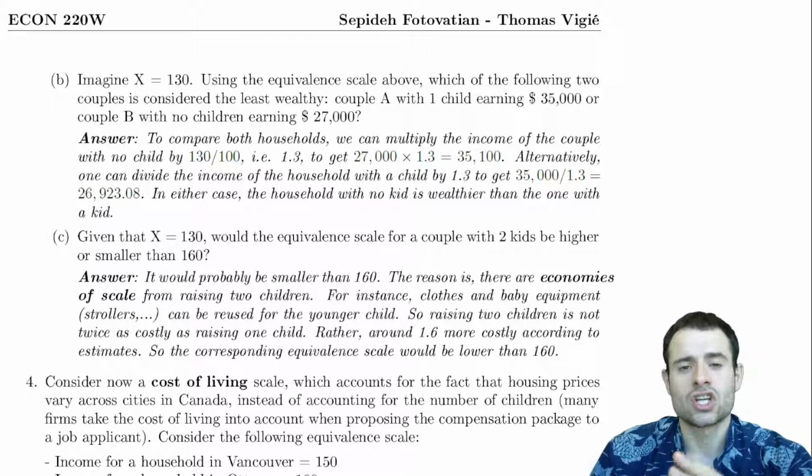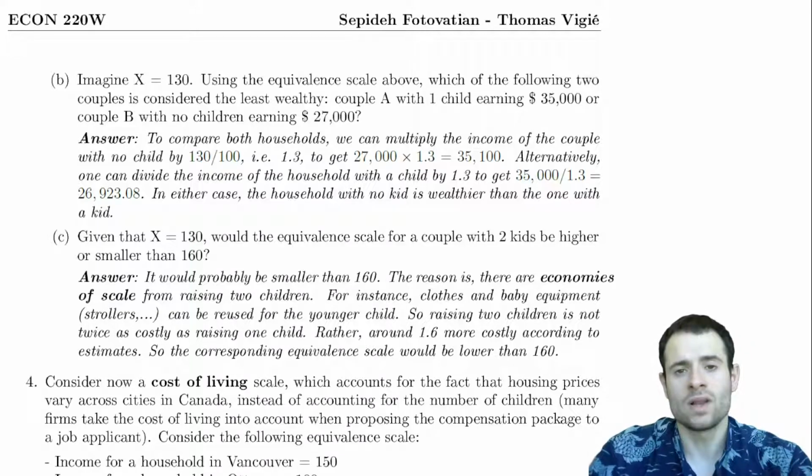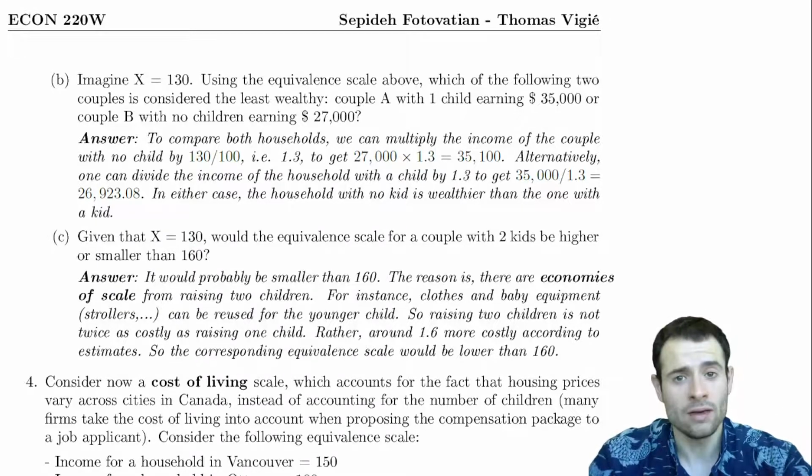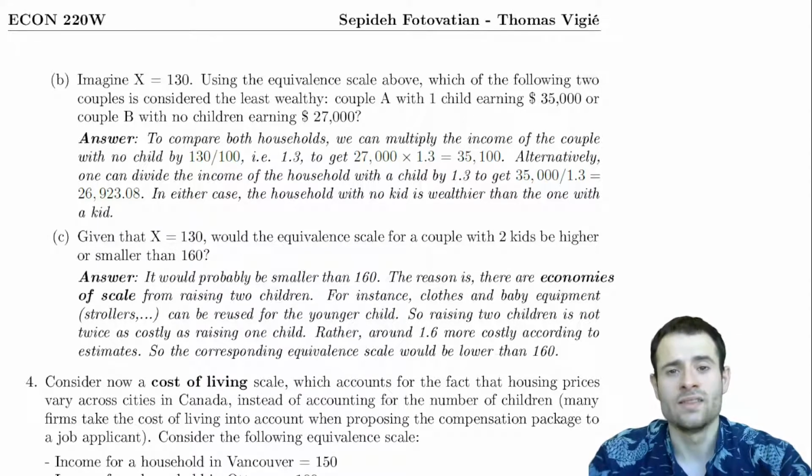If we have a second child, would the equivalent scale then increase by 30 again, making it 160? Should it be more or should it be less? You can use data to estimate these equivalent scales, but intuition can already get you halfway there.